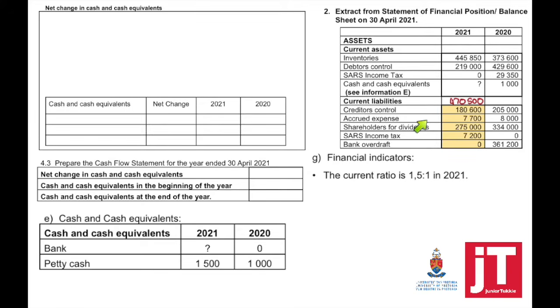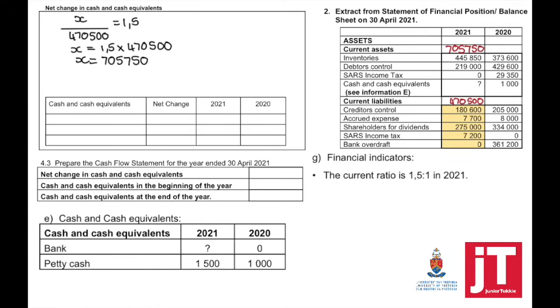We're going to add everything that is highlighted to get our total current liabilities. Now X, the current assets, divided by current liabilities, which we've just calculated, equals 1,5, which is given to you. So to find X, we take the current liabilities times 1,5.